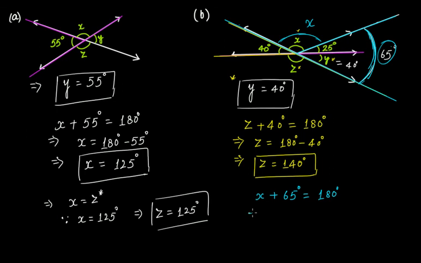So if you solve this, this will give you x is equal to 180 degree minus 65 degree, and this will be x is equal to 115 degree, right? If you're getting confused on how we got 65 degree, let me again tell you. This one and this one, these two are adjacent angles, and you can always add two adjacent angles to get the final angle between the two non-common arms. So this is 65 degree.